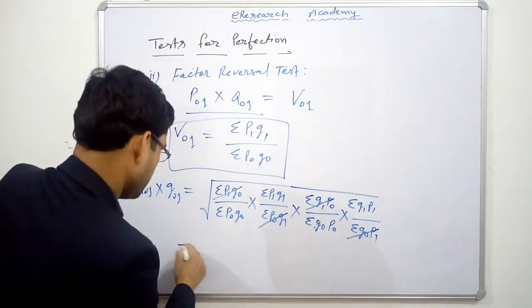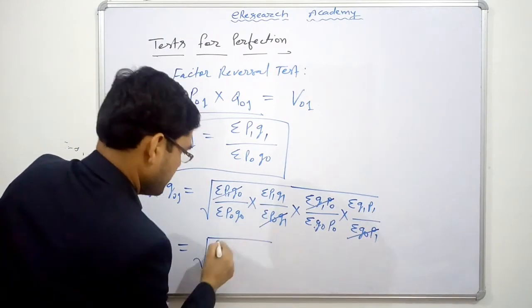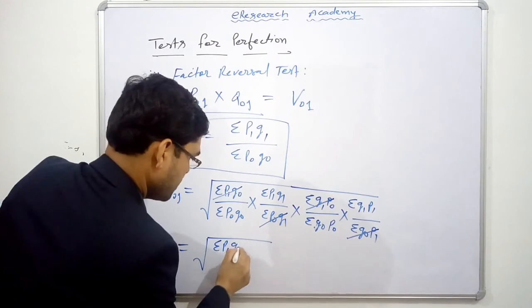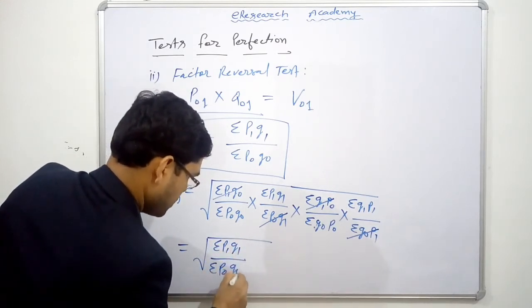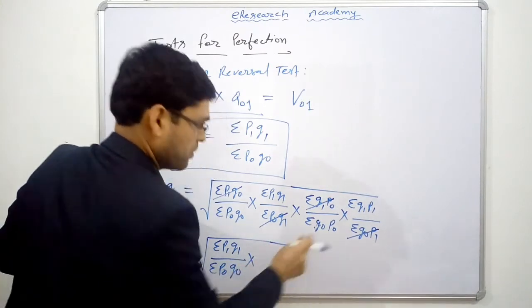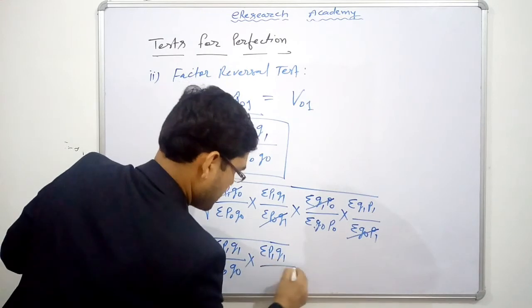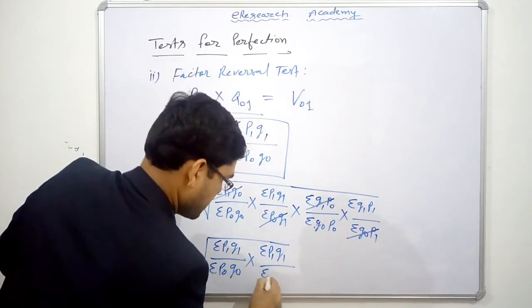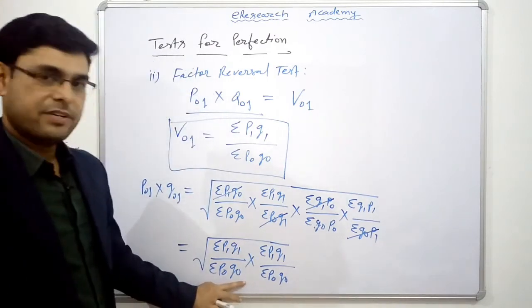Under the root we have sigma P1 Q1 upon sigma P0 Q0 into, again, sigma P1 Q1 upon sigma P0 Q0.